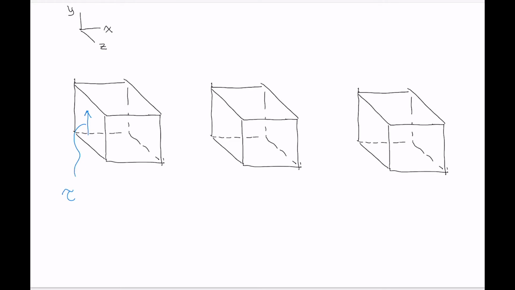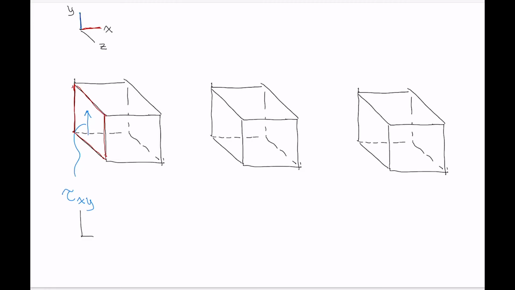So this plane that the shear stress is acting on, so this face of that cube of material, it is perpendicular to the x-axis. So that's our first subscript here, tau subscript x. And then the second subscript tells you the axis that the shear stress is parallel to. So the shear stress is parallel to the y-axis. So that's our second subscript. So we have tau x subscript y.